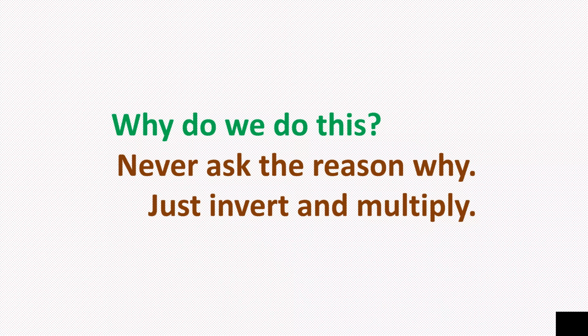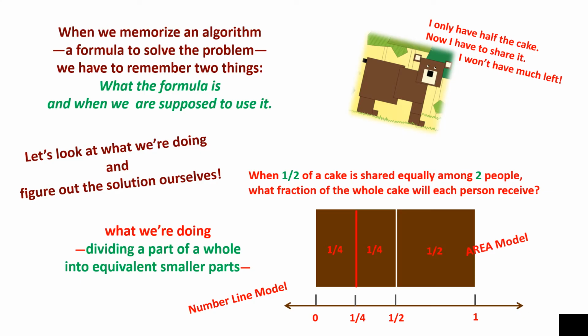Why do we use this algorithm to perform this operation? Never ask the reason why, just invert and multiply. I think we can do better than that. When we memorize an algorithm, a formula to solve a problem, we have to always remember 2 things: what the formula is and when we're supposed to use it.